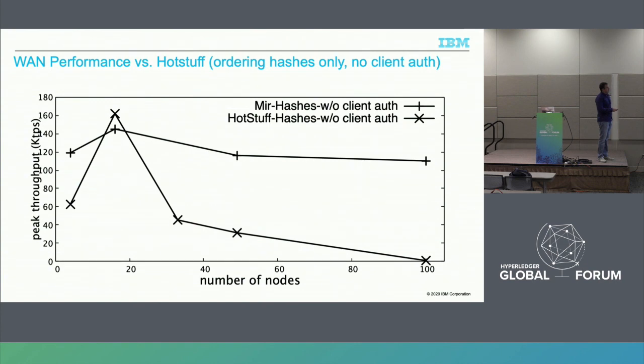Mir performs better with 4 nodes, and this is because of our trick. When we have few nodes in the ordering service, we open many TLS connections among them, not just one. If you read the geo-replicated papers, they would typically give you the bandwidth between the two sites.